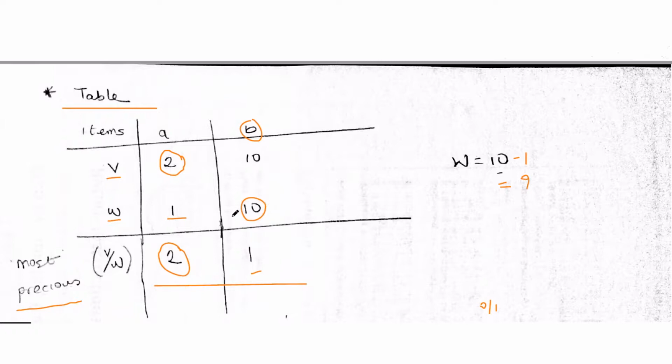Either we take it as a whole or we don't take it at all. We can't take a portion of it. Because of that constraint, these remaining spaces that we have, which is 9, become a waste.